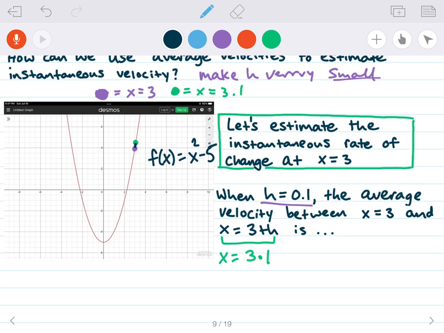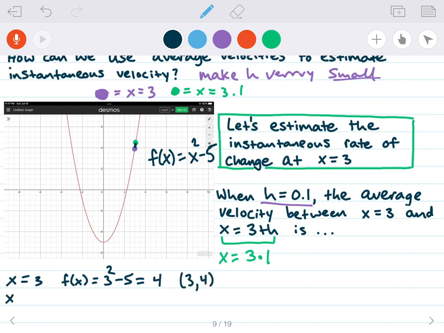And as h gets smaller and smaller, those points are going to get so close together, I'm not even going to be able to draw them anymore. Okay? So let's first estimate our first thing. So we have x equals 3, and we have f of x equals 3 squared minus 5, which is 4. All right, so that's 1 point. 3 and 4.